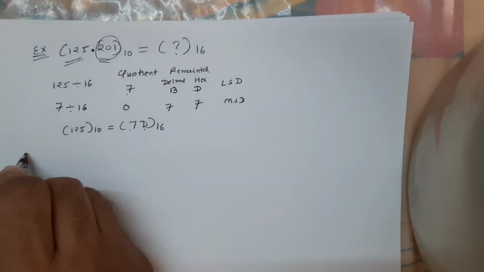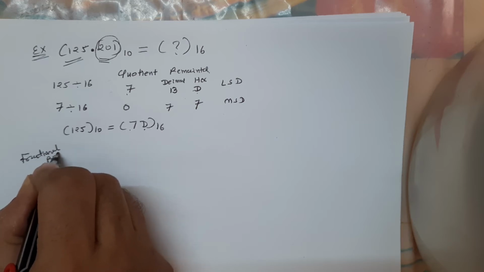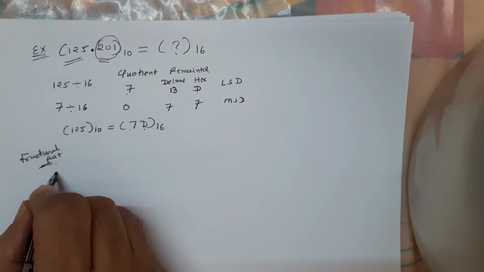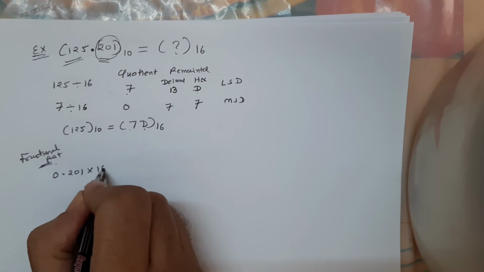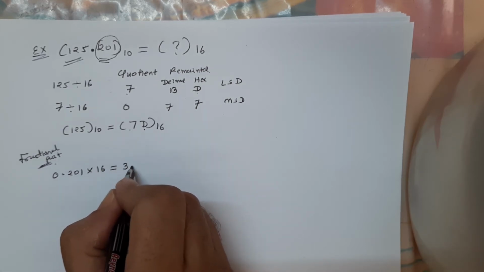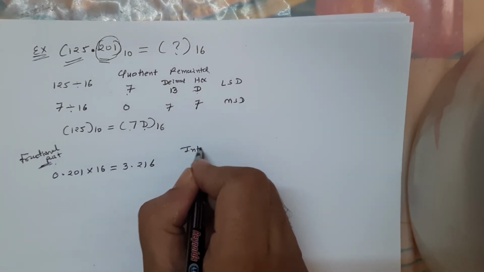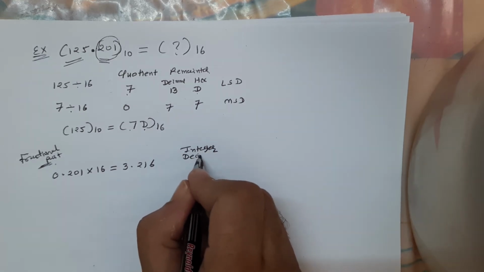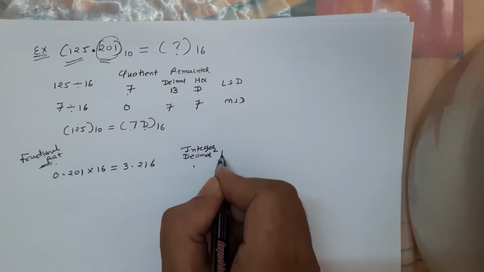The fractional part, 0.201, multiplied by 16, is equal to 3.216. Here the integer is in the form of decimal, and this decimal is converted into the form of hexa.